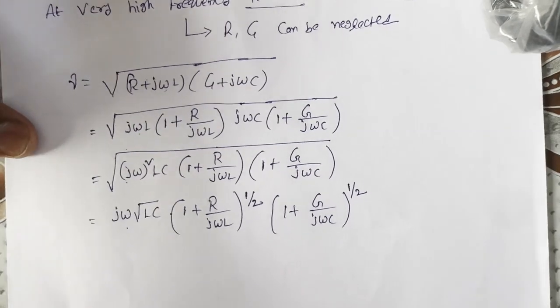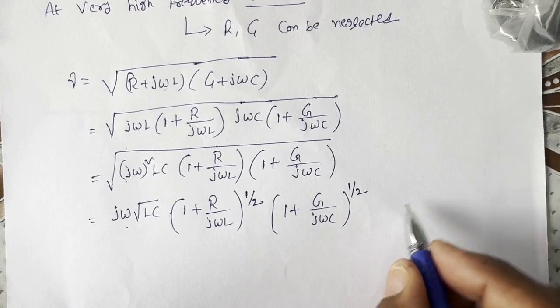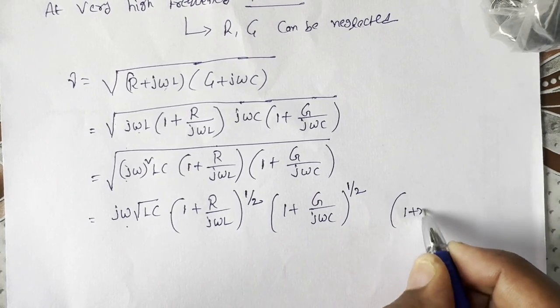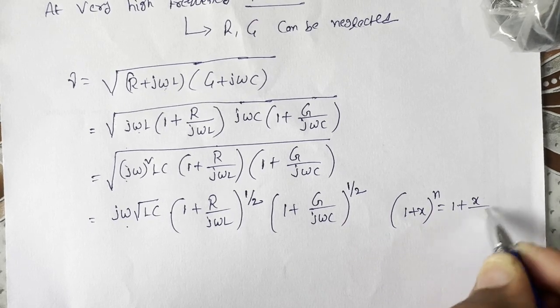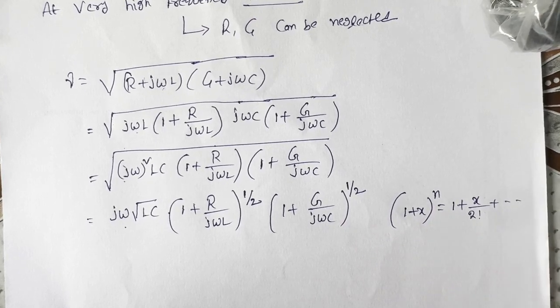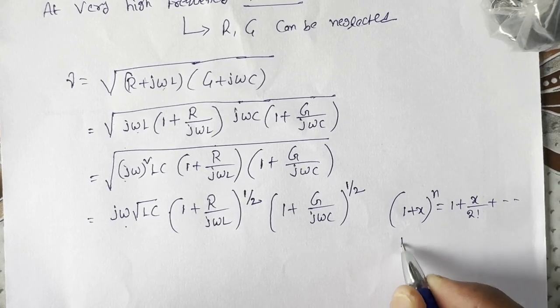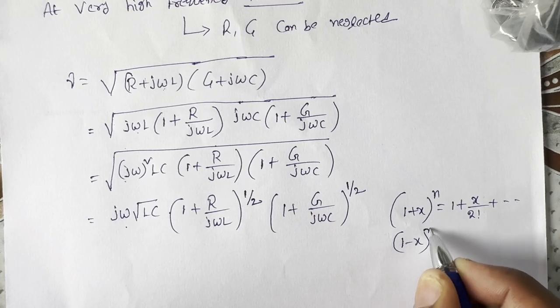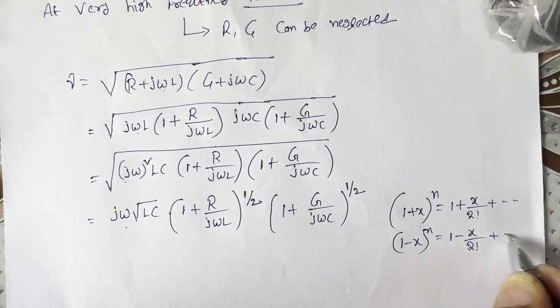Now I am using one formula to expand this. That is simply (1 plus x) whole power n equal to 1 plus nx by 2 factorial plus up to so on. It is a general formula we have. Similarly, we have (1 minus x) whole power n equal to 1 minus nx by 2 factorial plus up to so on.